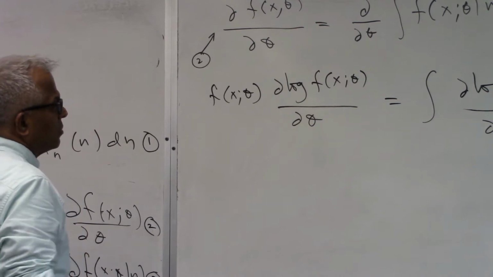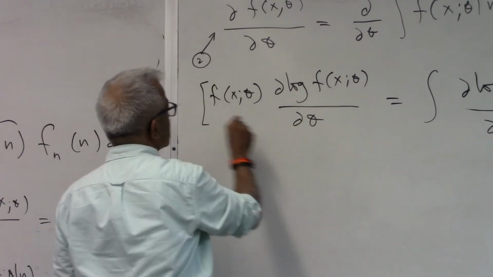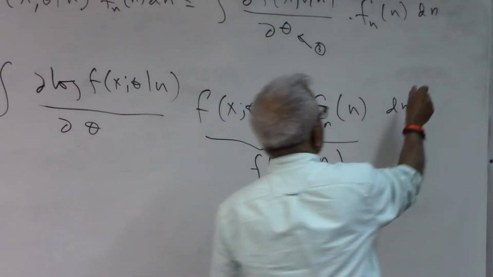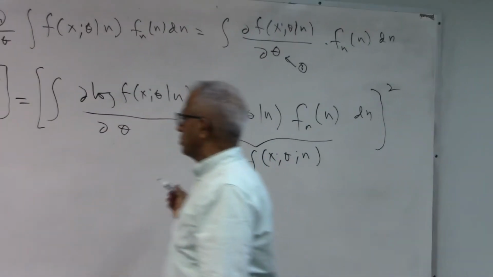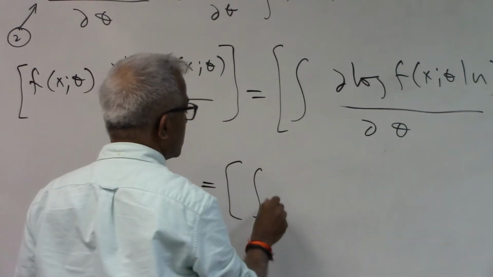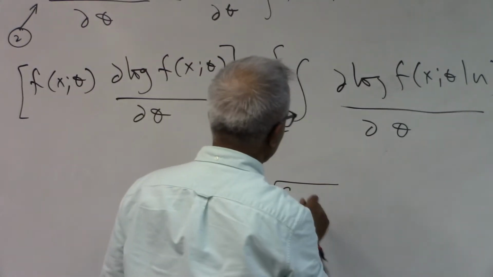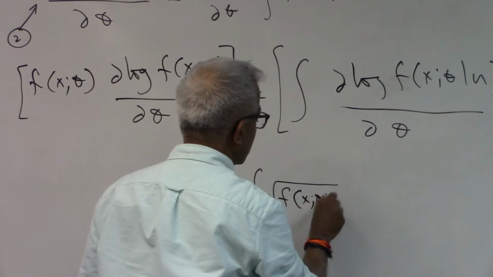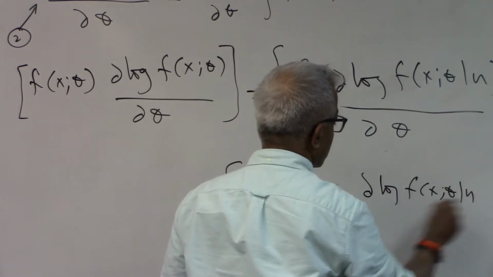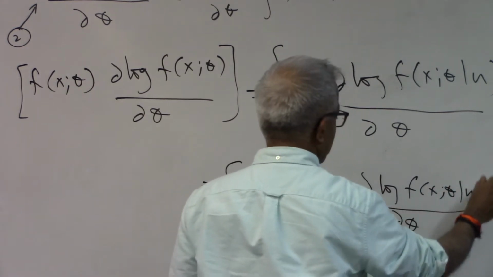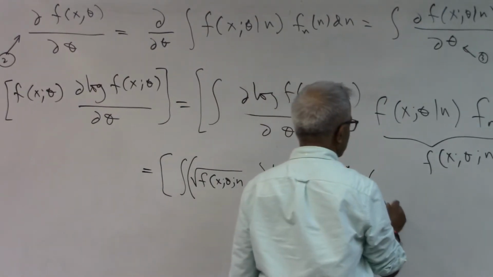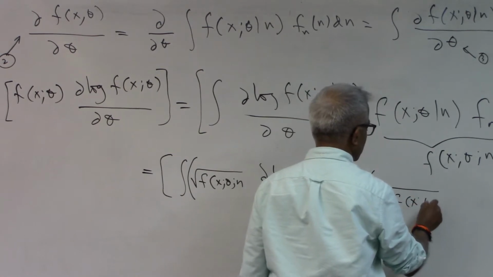Now I'm going to square this expression, as we did in the Cramer-Rao derivation. It is the square of an integral, and I'm going to write f as two terms. This is one term, and the next term is simply the square root of f of x comma theta.